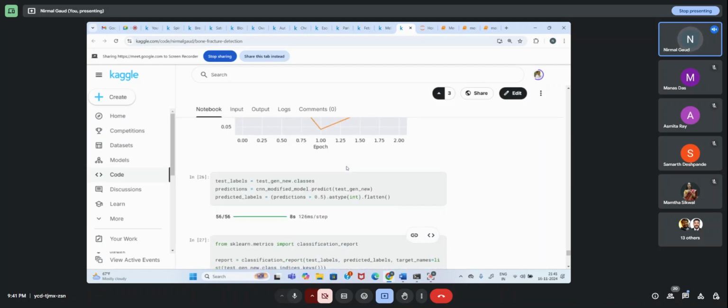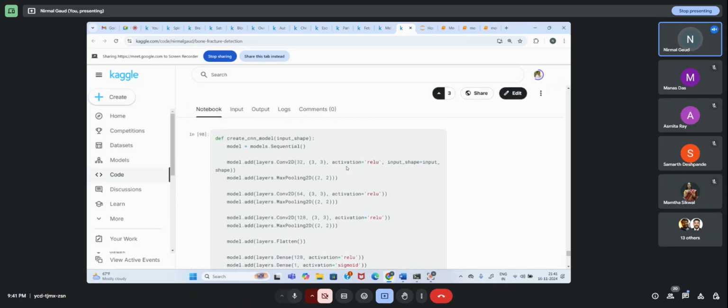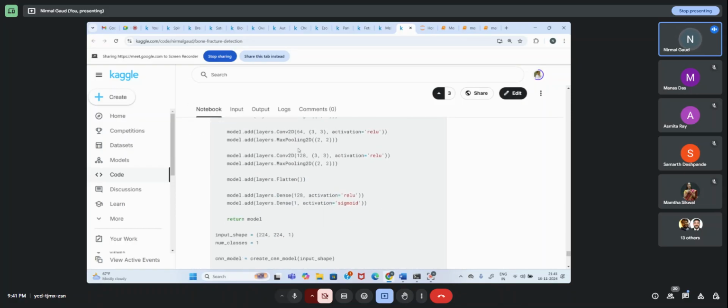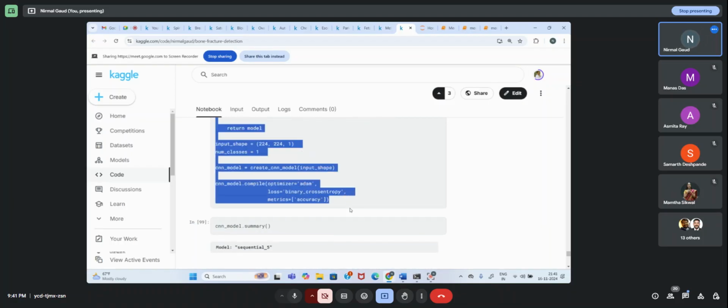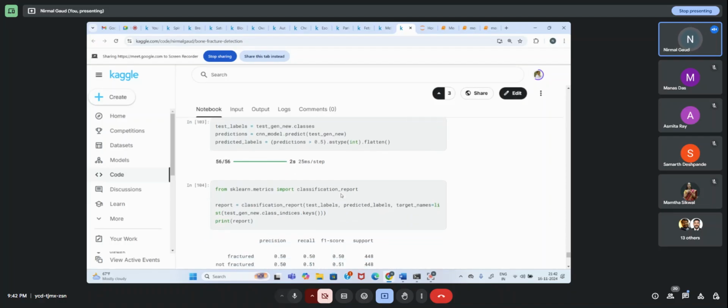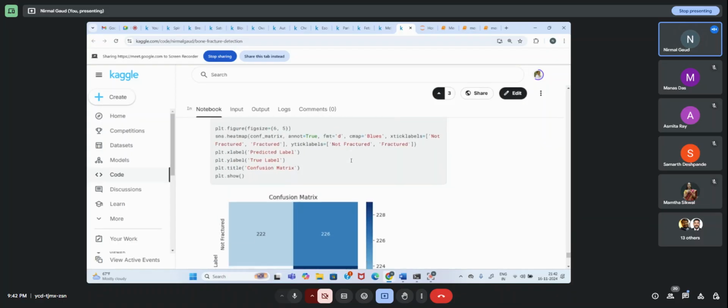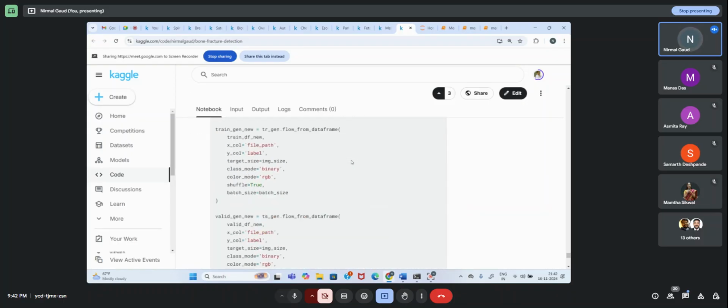And if I don't use VGG16 multi-head, if I use a simple architecture, for example, this is a simple architecture, in the simple architecture I am getting a score of 50%. The model struggled.